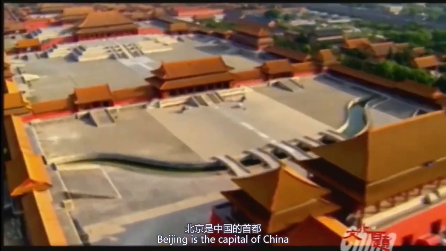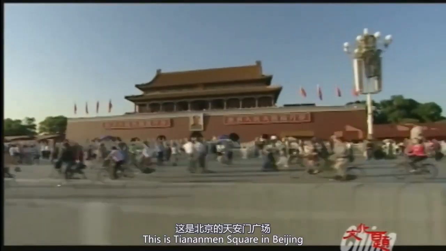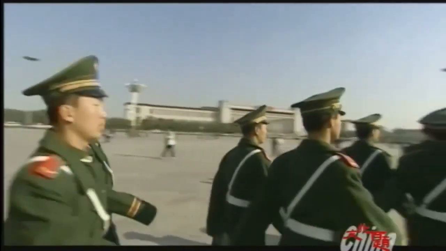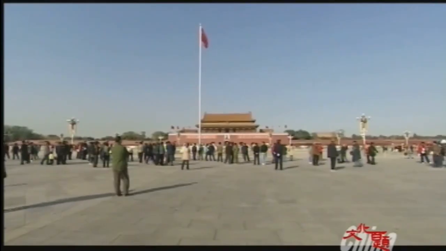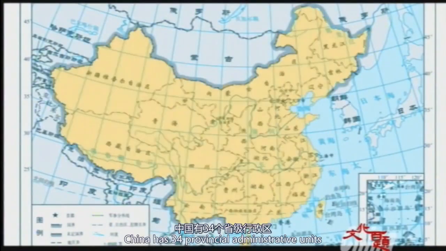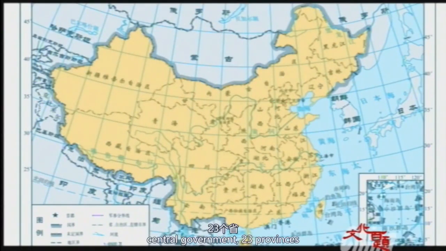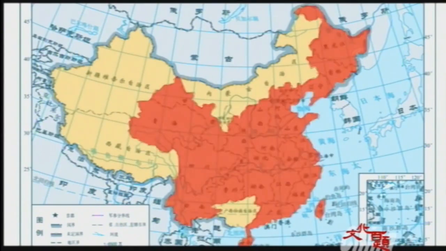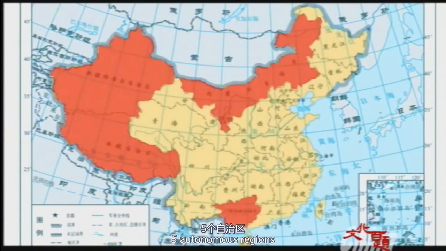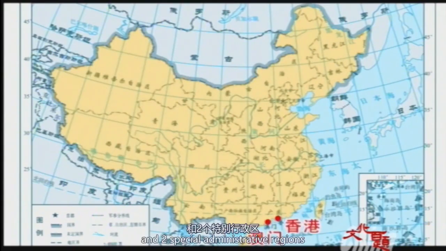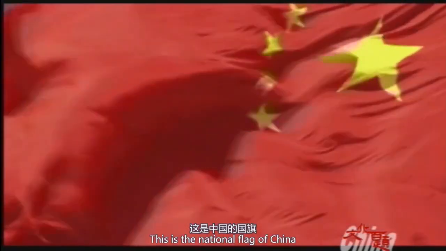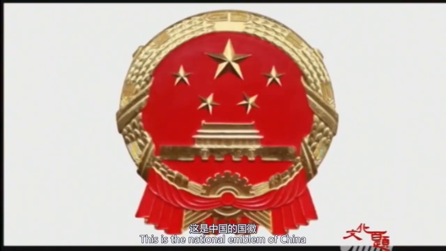Beijing is the capital of China. This is Tiananmen Square in Beijing. China has 34 provincial administrative units, including 4 municipalities directly under the central government, 23 provinces, 5 autonomous regions, and 2 special administrative regions. This is the national flag of China. This is the national emblem of China.